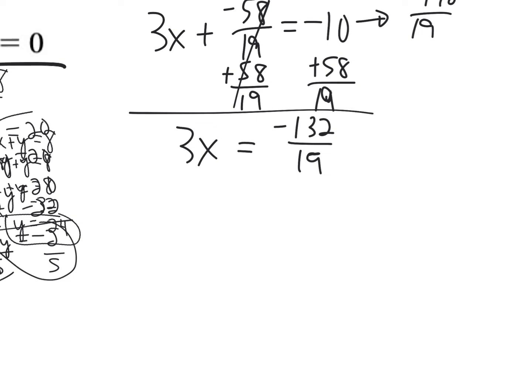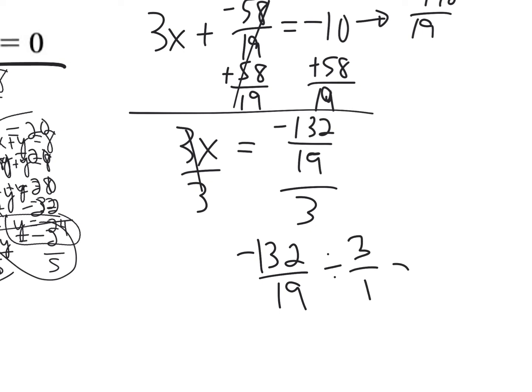And then the last step here, you could either divide by 3 or multiply by 1/3, either way. So if we divide by 3, that's the same as multiplying by 1/3.